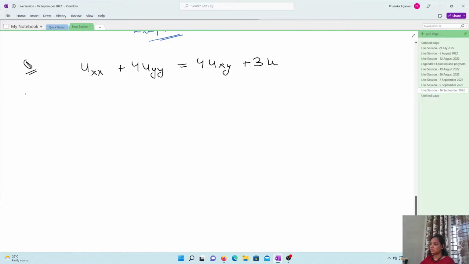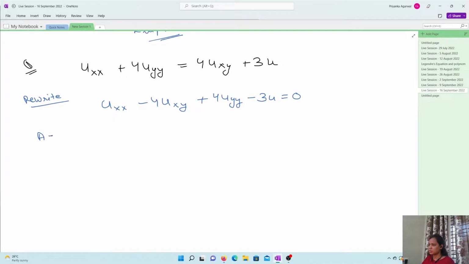Now to classify this equation, we will again rewrite it in the standard form, which is uxx minus 4uxy plus 4uyy minus 3u equals to 0.